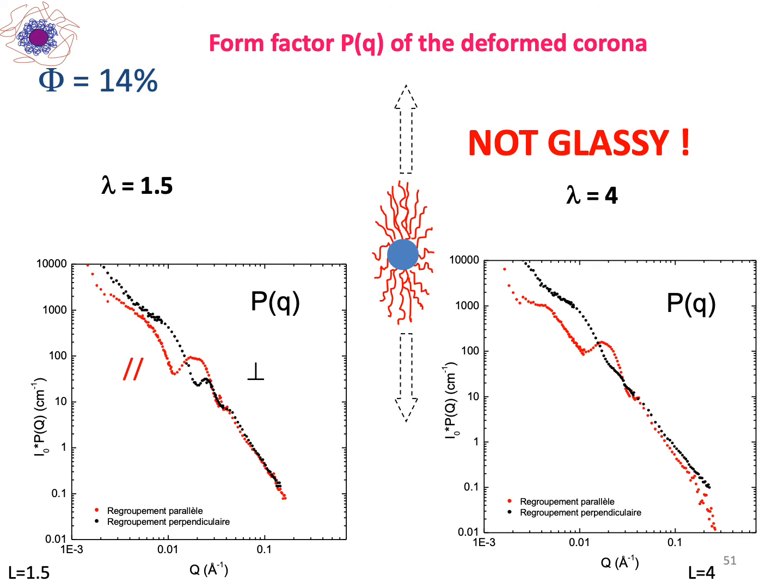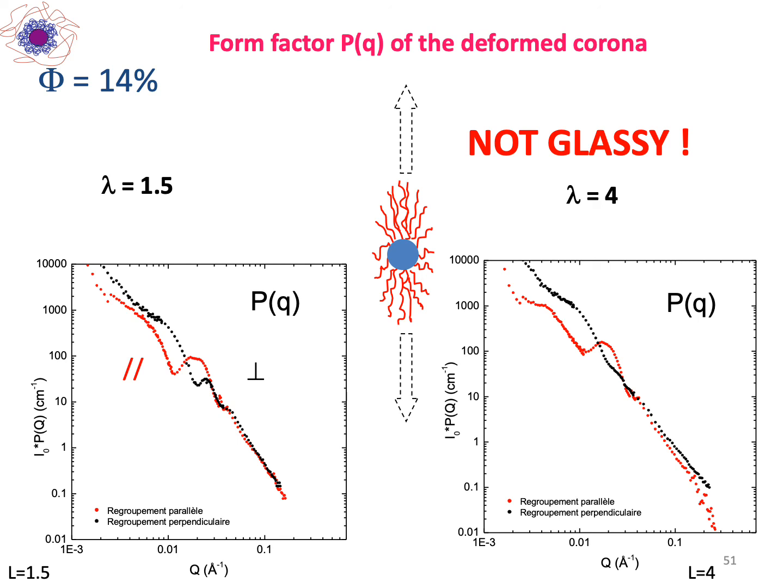So when it is strongly stretched, as for lambda equal 4, the corona makes a very narrow, very thin film around the silica core along the perpendicular direction, and this film may be less deformable.